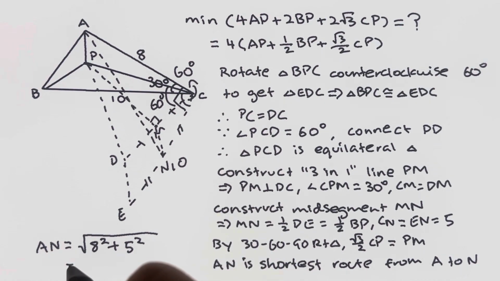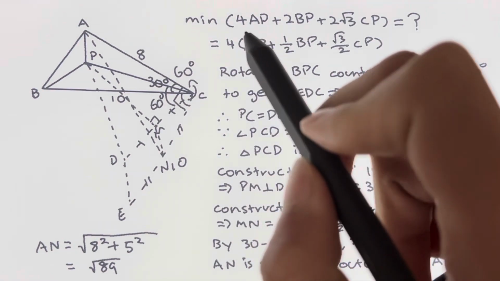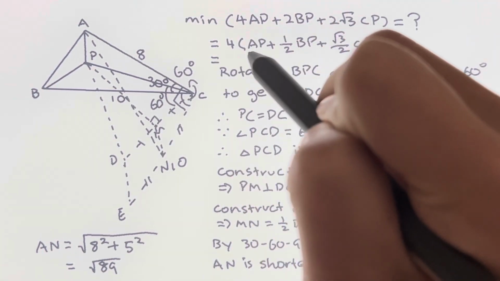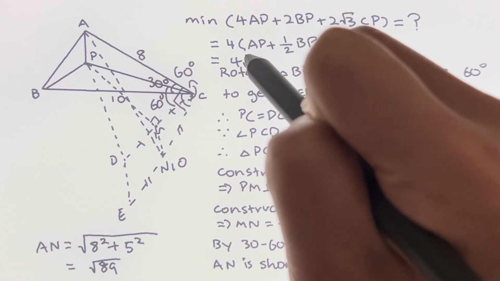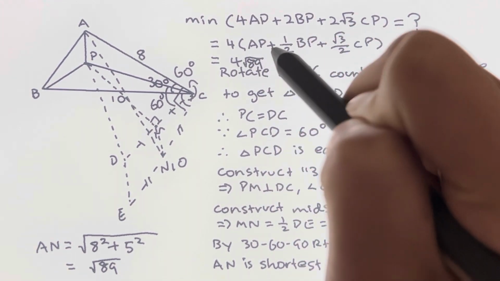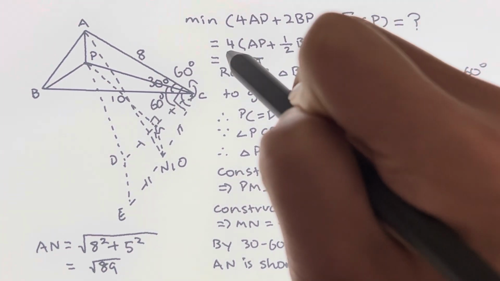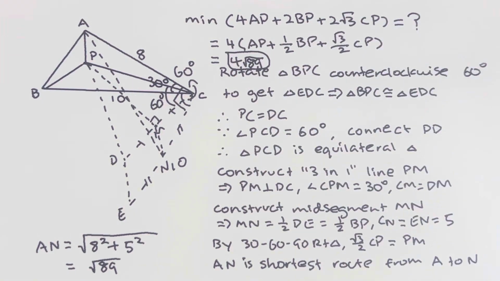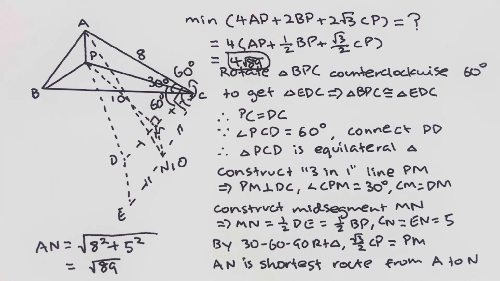And this equals the square root of 64 plus 25, which is square root of 89. So the answer will be 4 times AN, which is 4 square root 89. And that is the answer to this problem, 4 times the square root of 89.